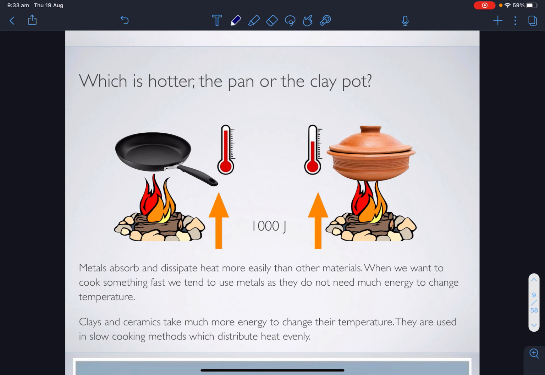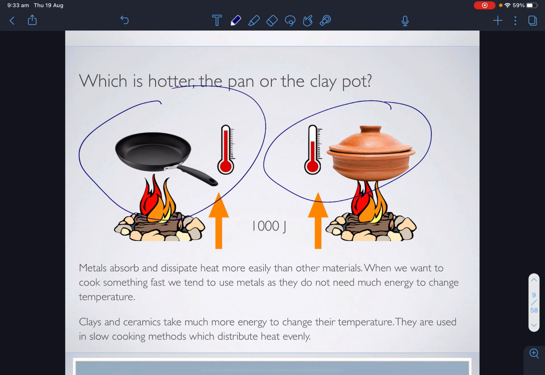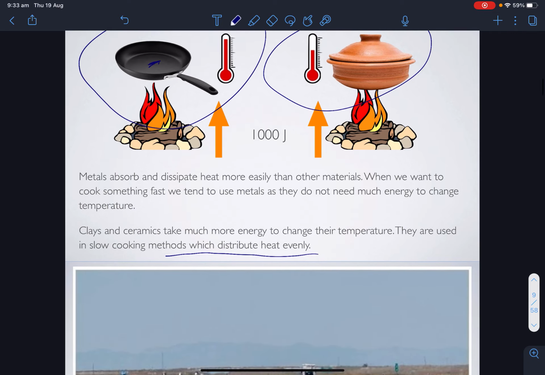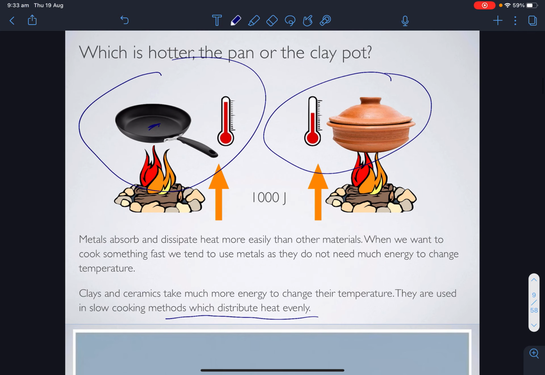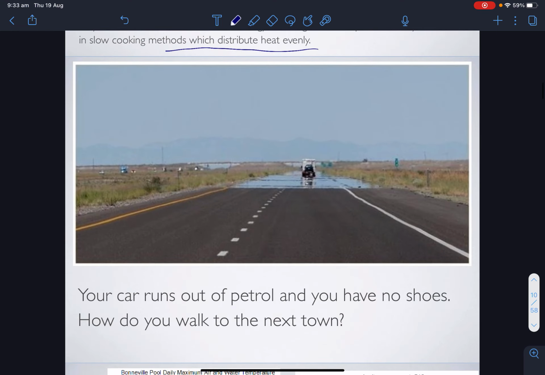Both of these are good cooking vessels, but usually your clays are slower cooking methods and distribute heat evenly throughout what you're cooking, whereas the metal applies it very quickly for fast cooking, like frying an egg or something like that, not making a stew. So these properties of material to absorb and dissipate heat quickly or slowly with different amounts of energy help us in everyday life.